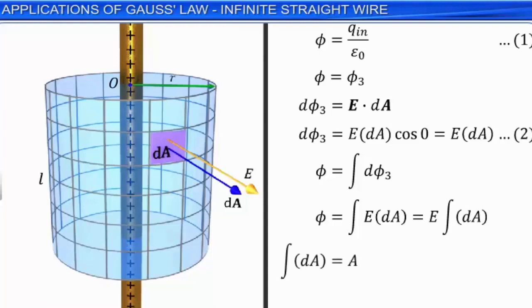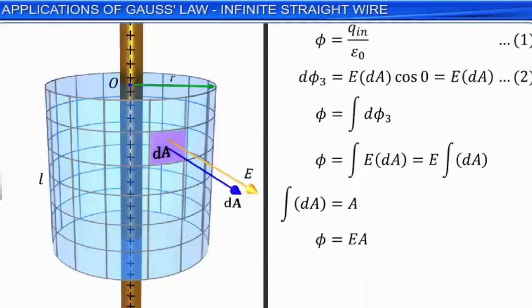The area A is equal to 2 pi RL, which is the curved surface area of the cylinder of length L and radius R. Substituting the value of A in the expression for total flux phi, we get phi equal to E into 2 pi RL. Let this be equation 3. From equations 1 and 3, we see that E 2 pi RL will be equal to Q by epsilon naught.